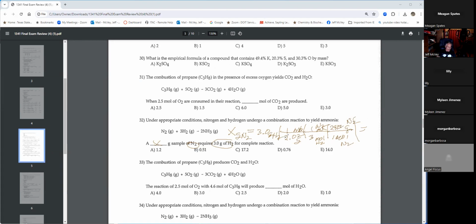And I come out with 13.9 grams. What's my closest answer? Looks like 14. Somebody check the key. Make sure that's correct. Yeah, it is correct. Okay, 13.9 rounded up to 14.